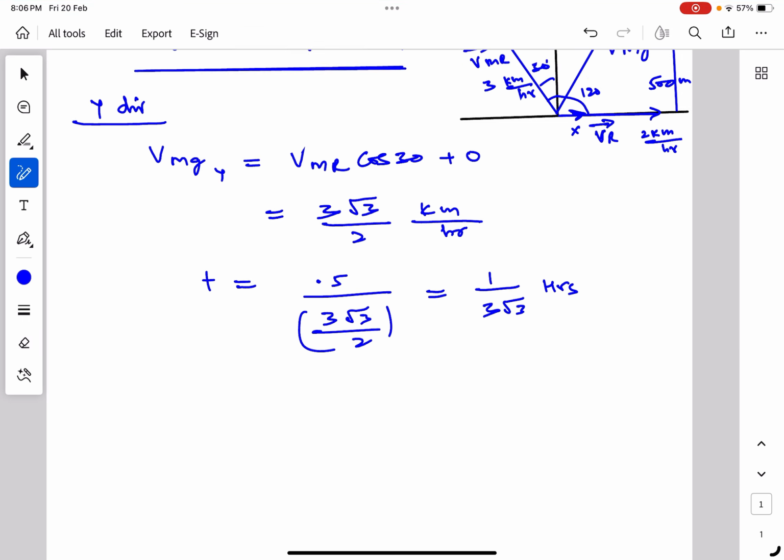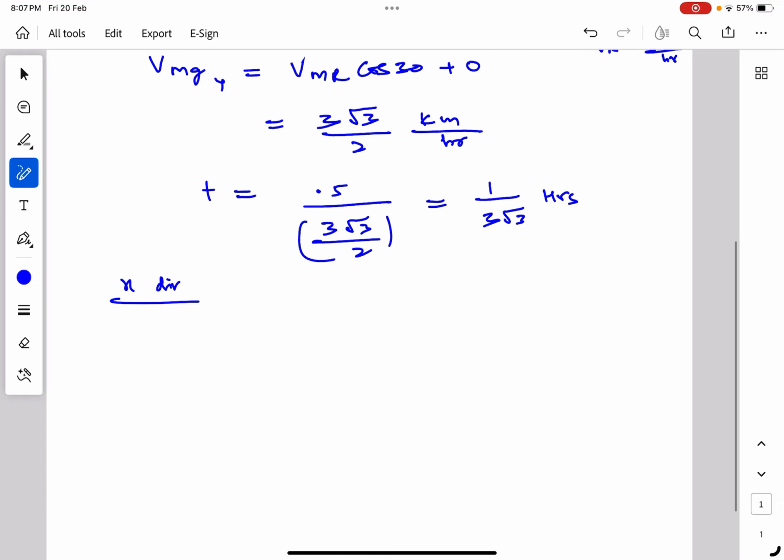Now let us equate the component of this equation in the x direction. So we will get velocity of man with respect to ground in the x direction.